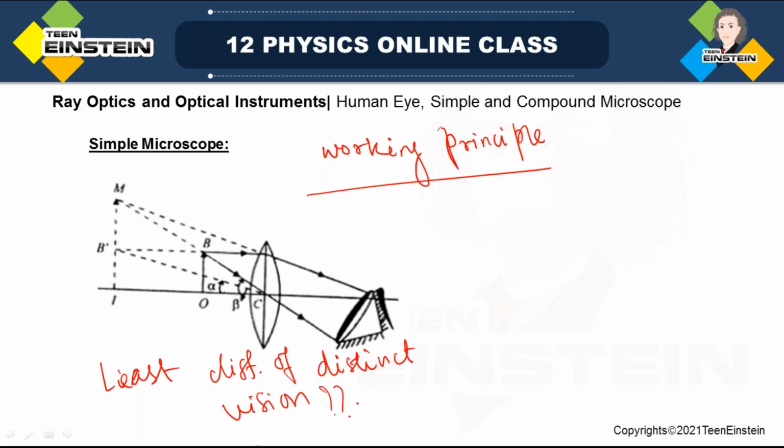So this is called the least distance of distinct vision. That is denoted by D, and it is generally 25 centimeter for normal human eyes.